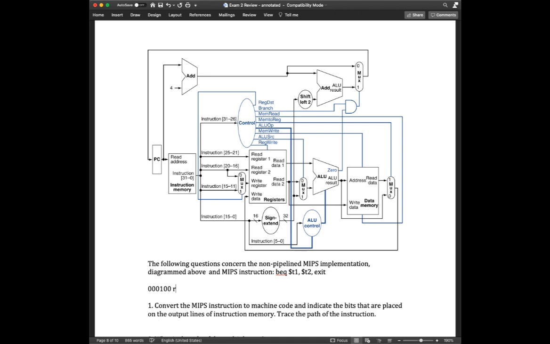And then we're going to have RS, RT, and then whatever offset exit will be. If you don't see the whole program, you won't know, so obviously I can't ask you about the offset. RS and RT are T1 and T2. T1 is 9. T2 is 10.